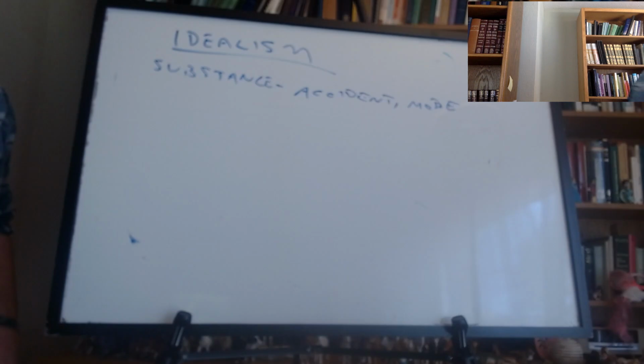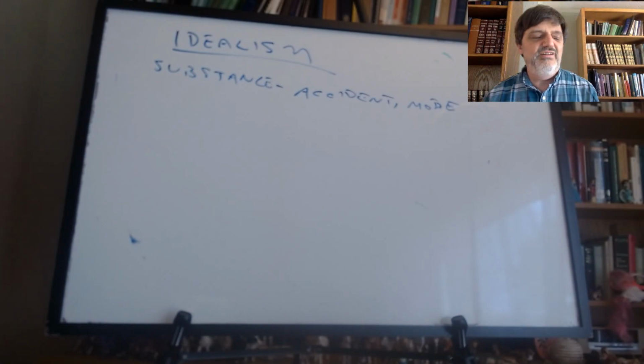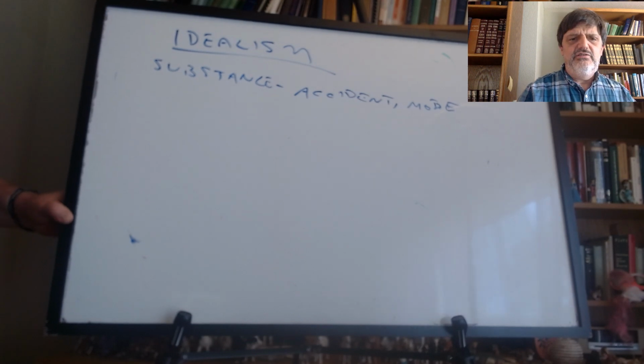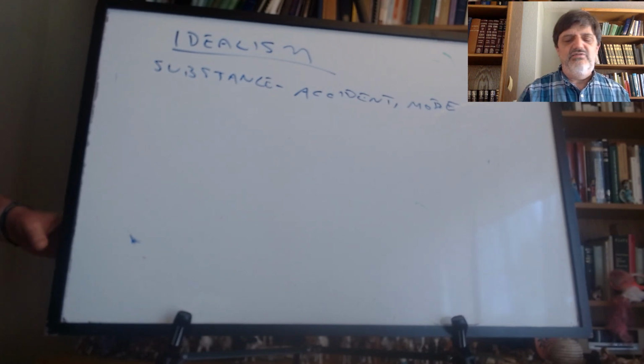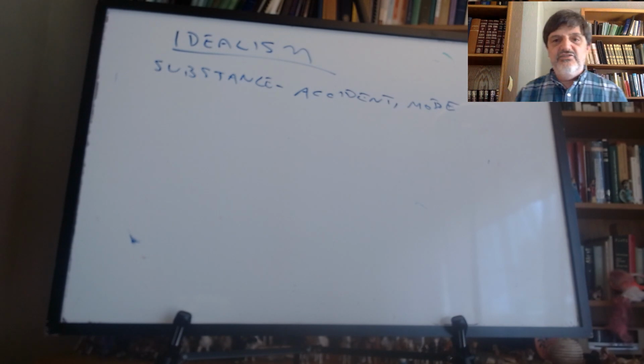Now, at the beginning of 100B, when I teach it, I actually spend a long time, well, not a long time, but like a week and a half, introducing some of the traditional Aristotelian discussions of this doctrine about substances and their accidents or modes.